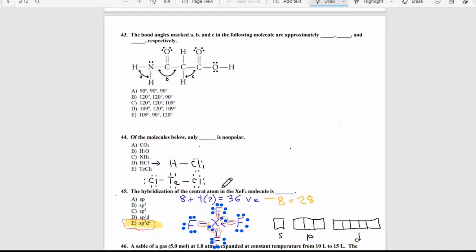One is if you have something like XeF2. In XeF2, you would have 2 bonding domains and then 3 lone pairs. Normally, this is a trigonal bipyramidal electron domain geometry.